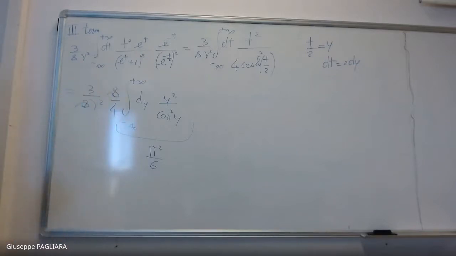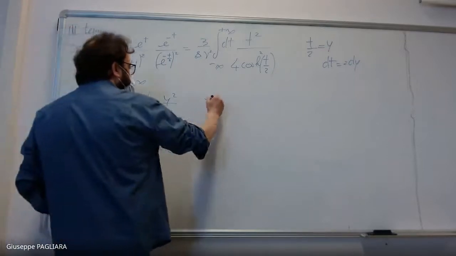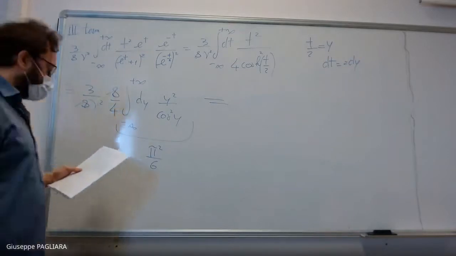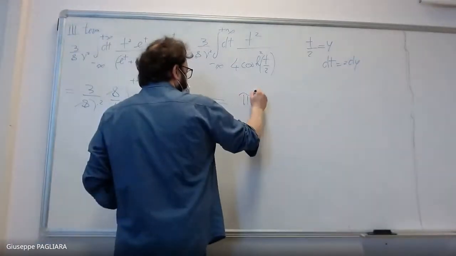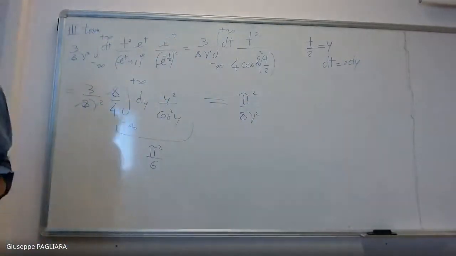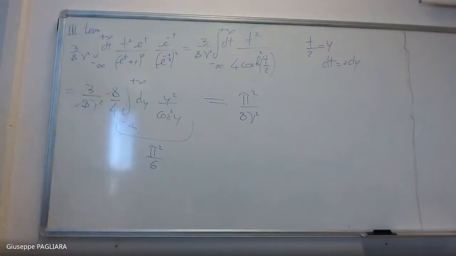Then I have 3, and then I have a 6 there. So I have a factor of 8. So this is equal at the end to pi squared divided by 8 mu squared.